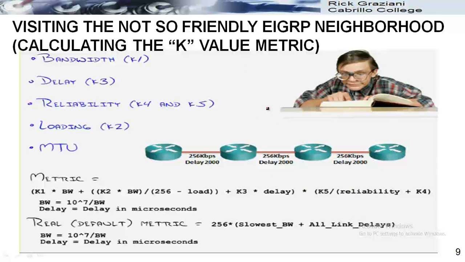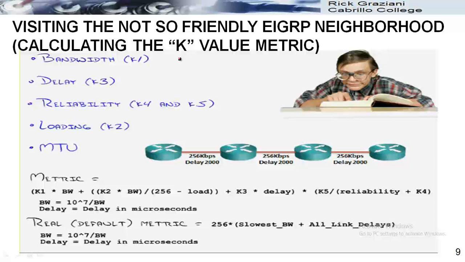Now let's visit the not so friendly EIGRP neighborhood, because we have seen that forming a neighbor relationship with EIGRP routers is a no-brainer. EIGRP is a good protocol to deploy, as it usually doesn't give you many issues, apart from things like this, the K-value or metric.